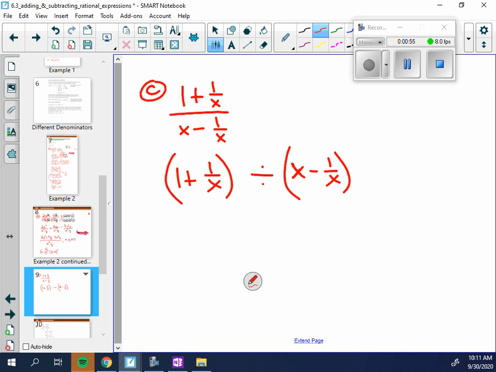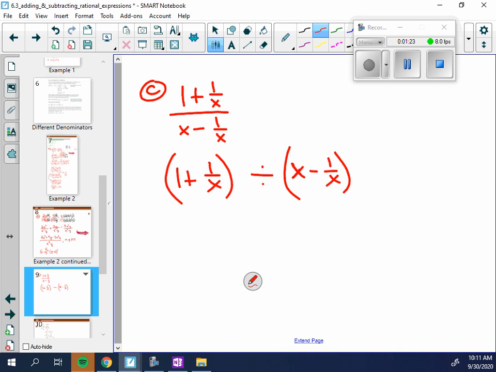Now, if this set of brackets was a full fraction, and this set of brackets was a full fraction, then you would already know if you have fraction divided by fraction, or rational expression divided by rational expression, you would change the division to be multiplication and you give the reciprocal of the second term. But you can't give the reciprocal of this because it's not one fraction. So you can't just do the reciprocal of each piece. It doesn't work like that.